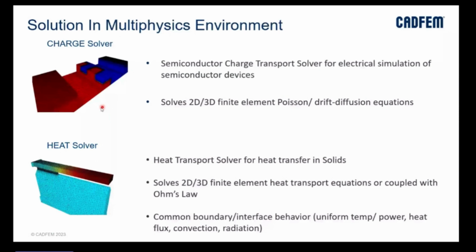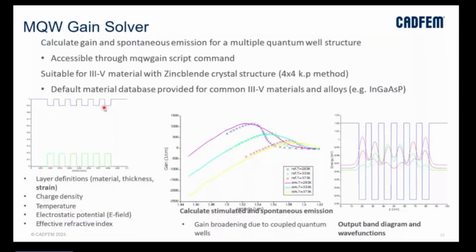The multi-quantum well solver we use for designing quantum wells, to understand the charge density of a quantum well or superlattice structures, which is a bit different compared to a simple bandgap structure of a normal bulk material.